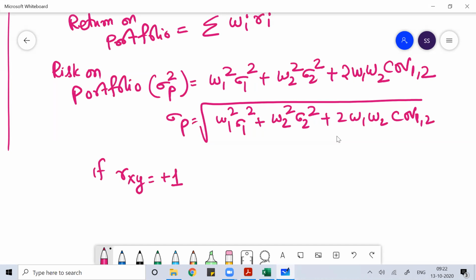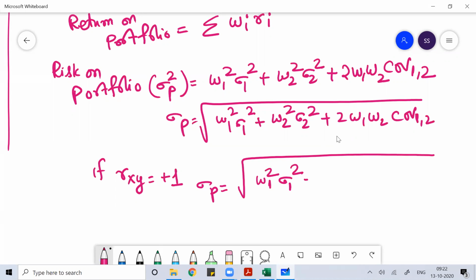Whenever you create a portfolio, it is with the intention that somehow you have to minimize the risk. But if the coefficient of correlation between the two stocks is plus one, you know that the covariance formula is sigma 1 sigma 2 into R of 1 2.